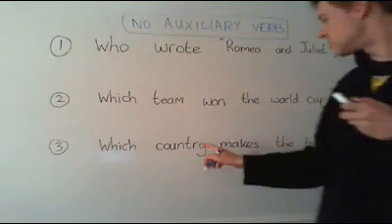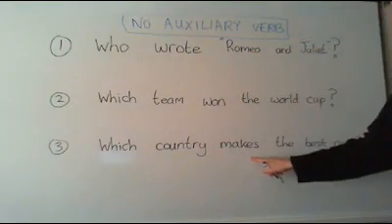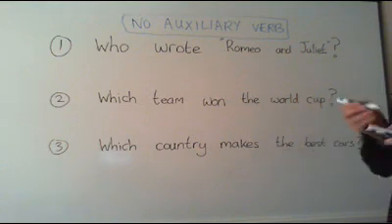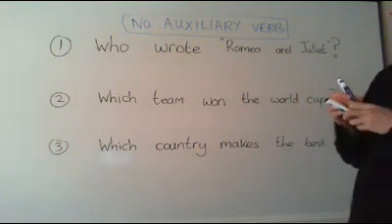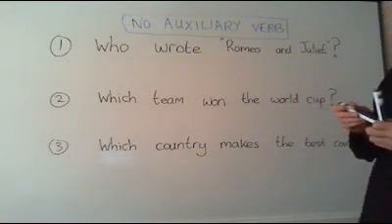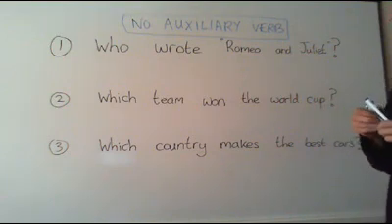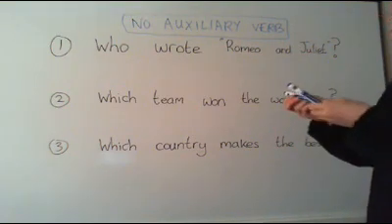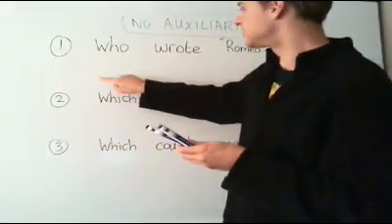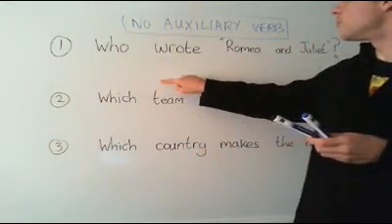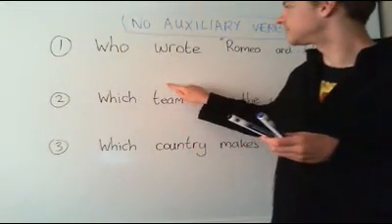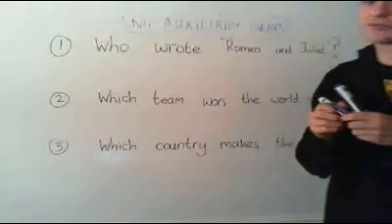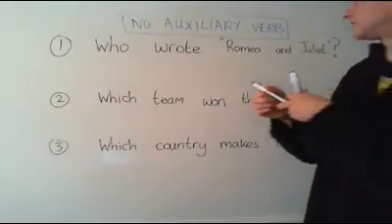And there is no do or does in number 3, which is present simple. Why? Okay, again, I want to answer the question to show you why. And I will show you that the first word always answers the question. The first word is what we call the subject in English.